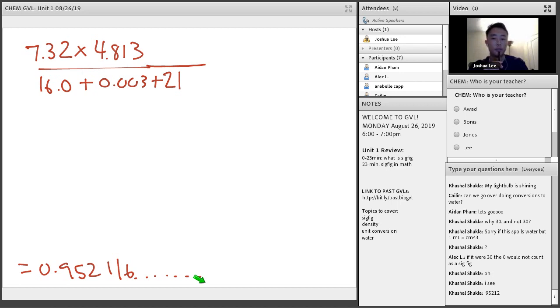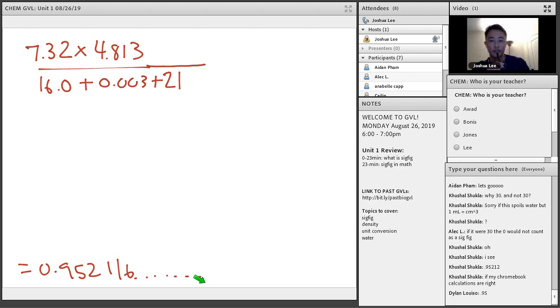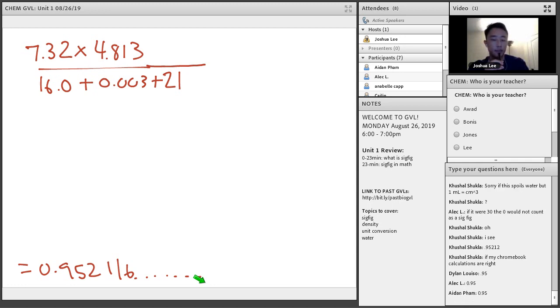Kushal's final answer of 0.95212, if my Chromebook calculations are correct. Dylan says it's 0.95. Alex says it's 0.95. Aiden says it's 0.95.